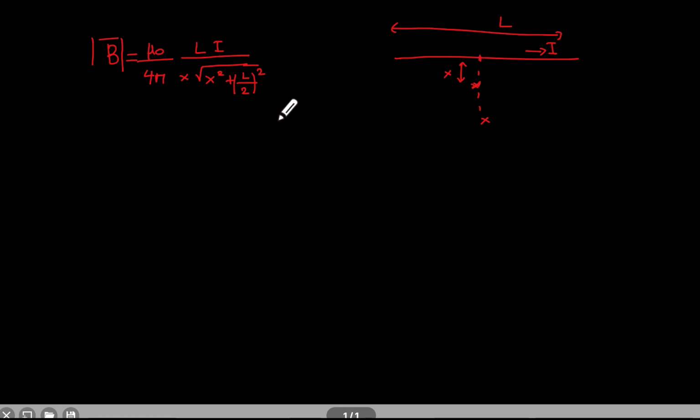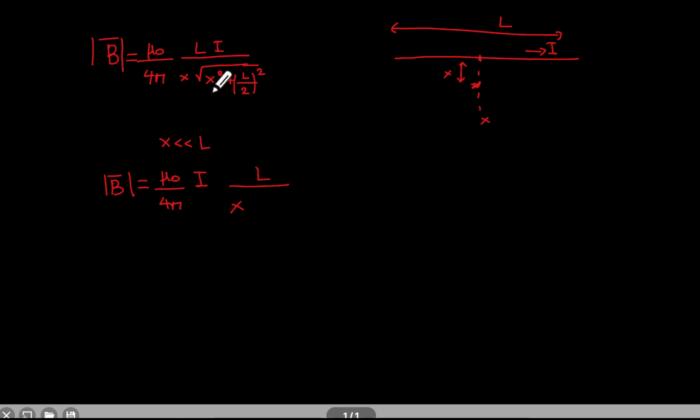So if I make the assumption that x is much less than the length of the rod, I'm going to see how I can simplify that. The magnitude of B, the constant remains. Of course, I still have the current I, and then I have L over x.